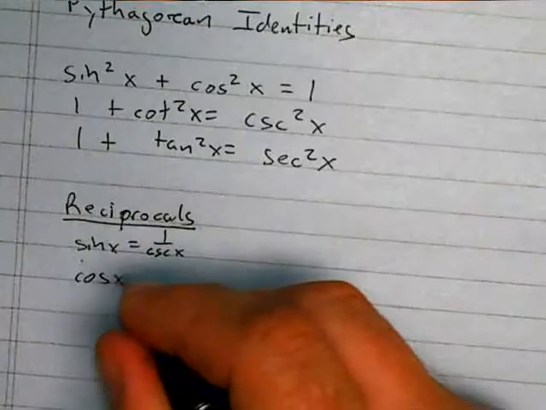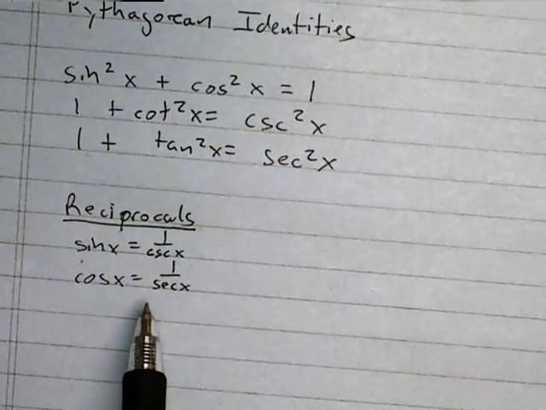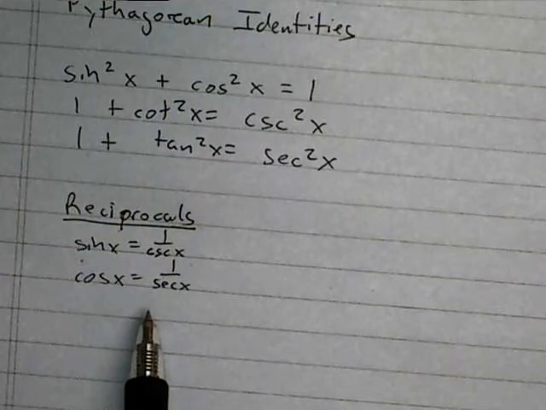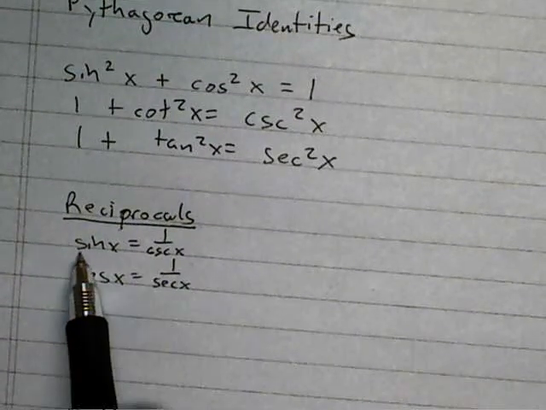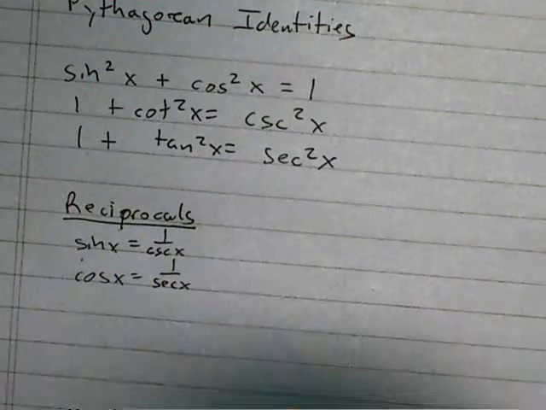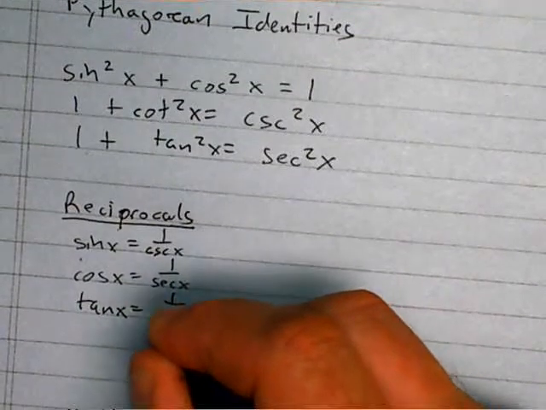Cosine of x is equal to 1 over secant x. I remember this because it's chicken salad. C for chicken, S for salad. Okay, anyway, then the tangent of x is equal to 1 over cotangent of x.